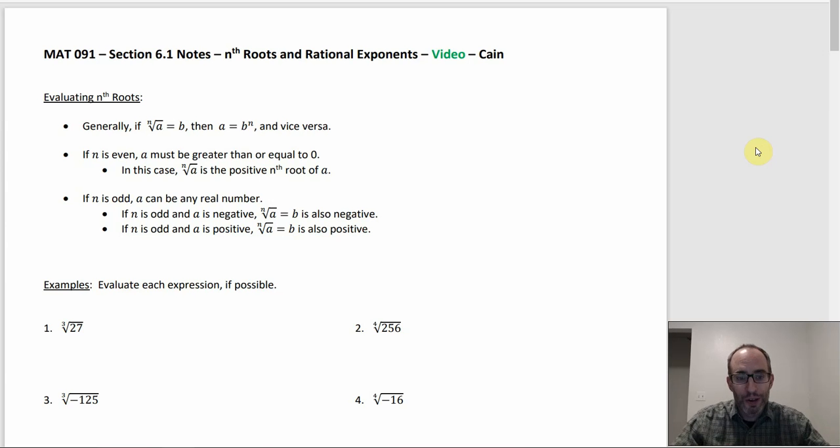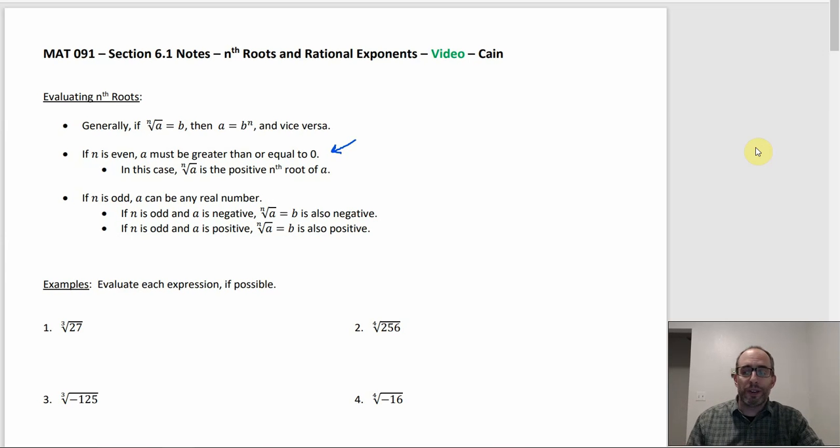All right, so the first thing is that there's a difference in what happens depending on if you have an odd root or an even root. So first, if you have an even root, so that's this bullet point right here, then that would be like a square root or a fourth root, things like that.